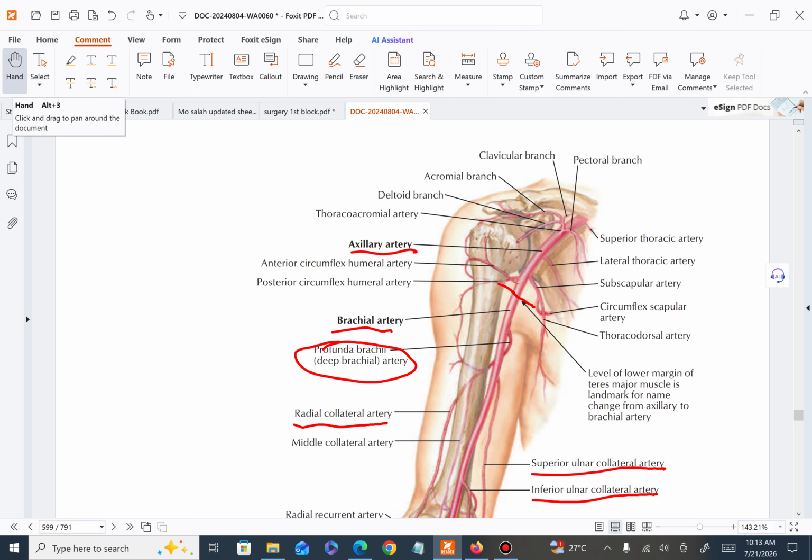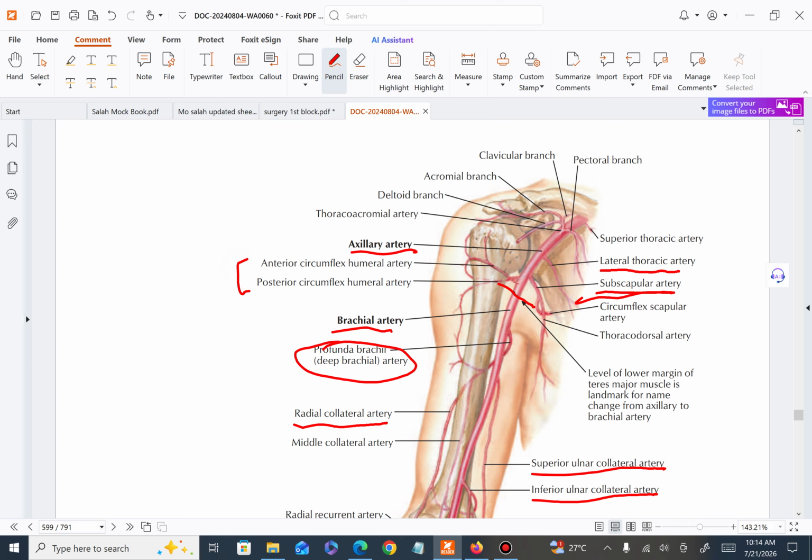Then you can see this is the axillary artery. The lateral thoracic and the subscapular artery are branches from the third part of the axillary artery. Then the anterior and posterior circumflex humeral arteries also come from the third part.